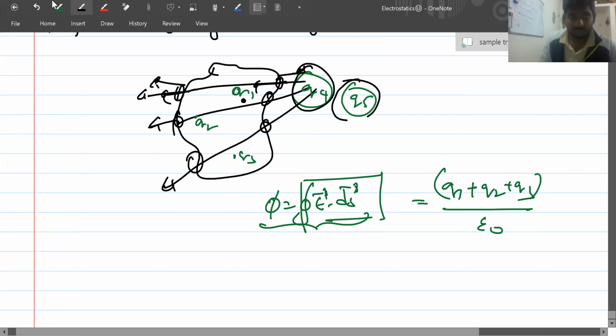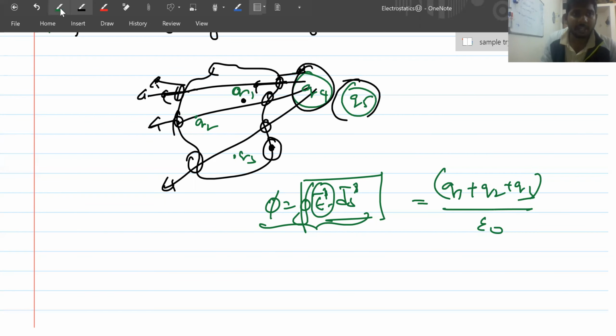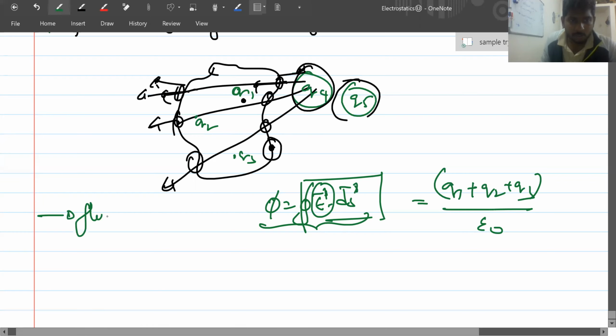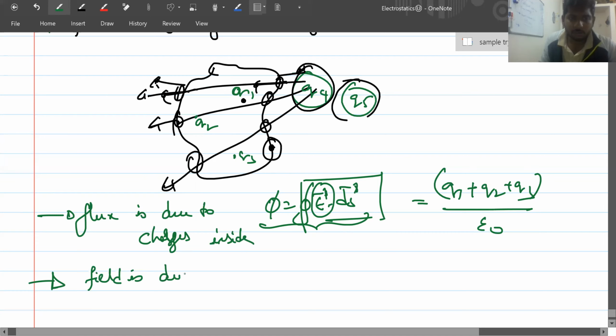But in the formula integral E dot ds, the electric field at this point, whatever point it is, you need to consider very carefully. Flux is due to charges inside, whereas field is due to all the charges that are present.